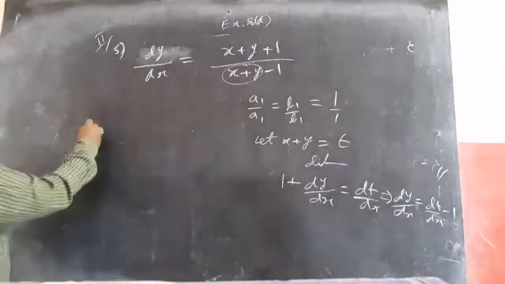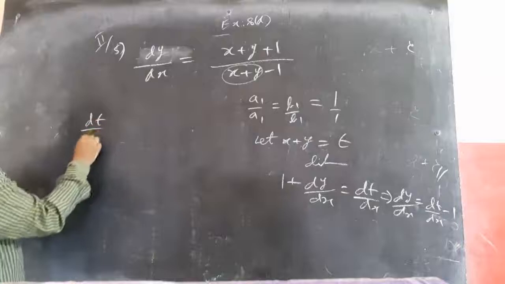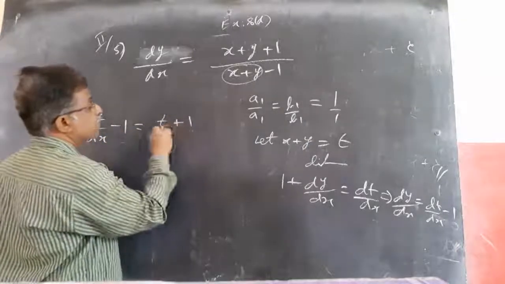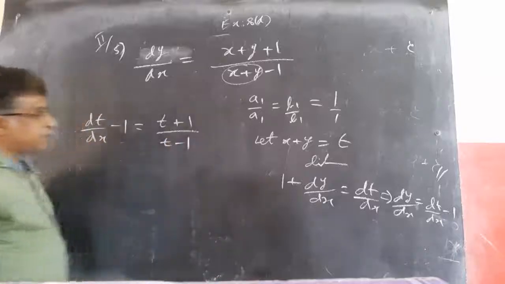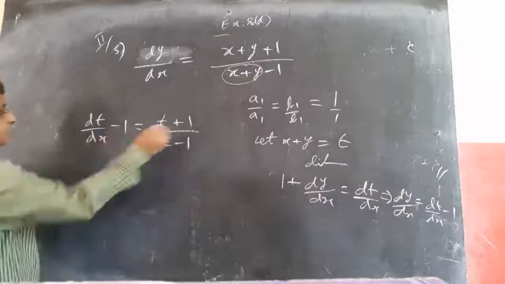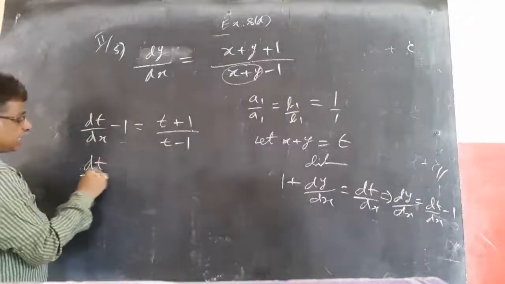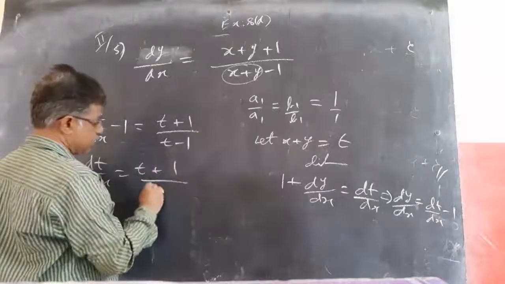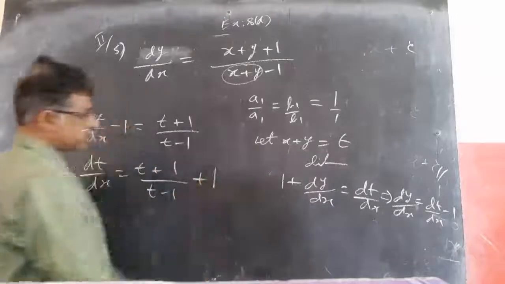So in place of dy by dx, I can write dt by dx minus 1 equal to, this is (t plus 1) by (t minus 1). So this minus 1 goes to the side as usually. dt by dx equal to (t plus 1) by (t minus 1) plus 1.